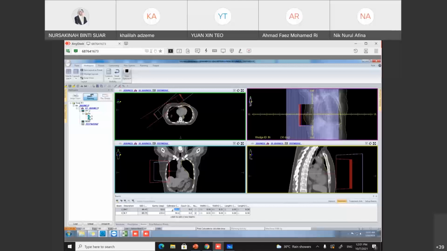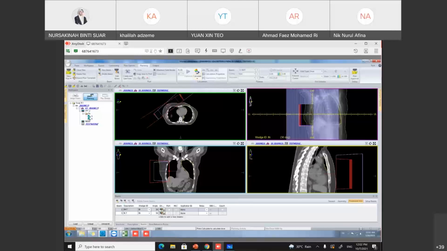So you just play around. Now the collimator angle is 270-degree, and my wedge angle is 30-degree. It shows here the angle, the thick end is correct. Then I duplicate and oppose the beam to the lateral side, and now I will calculate my plan to see the difference with and without wedge.